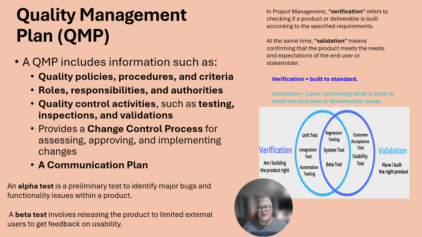So validation means to confirm the product meets the needed expectations of the end user. So verification is, does it work to our specifications? And then validation means, does it work outside and meet the expectations?